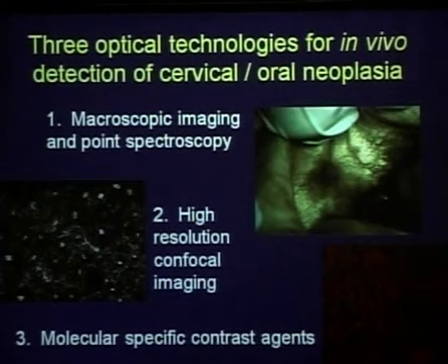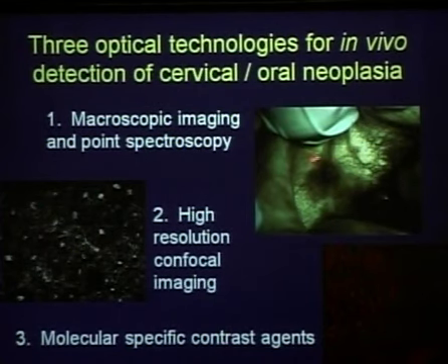And so, as Anne mentioned, we're interested in looking both at wide field imaging and point spectroscopy. So in the first part of my talk, I'm going to focus on why we see this decrease in autofluorescence when we look at the wide field imaging, and what is responsible for the changes that we see in the spectroscopy as well.